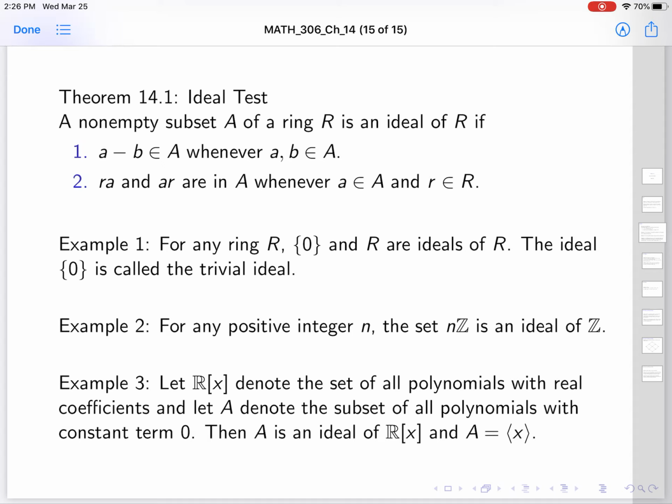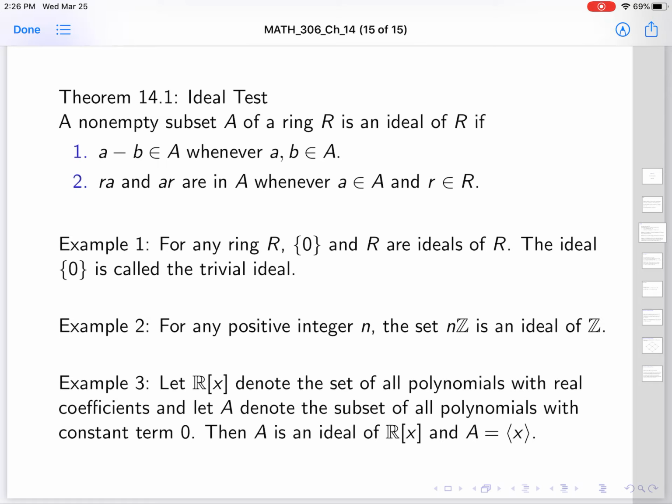For any positive integer n, the set nZ is an ideal of Z. Now, if we let R[x] denote the set of all polynomials with real coefficients, it doesn't have to be integer coefficients this time.